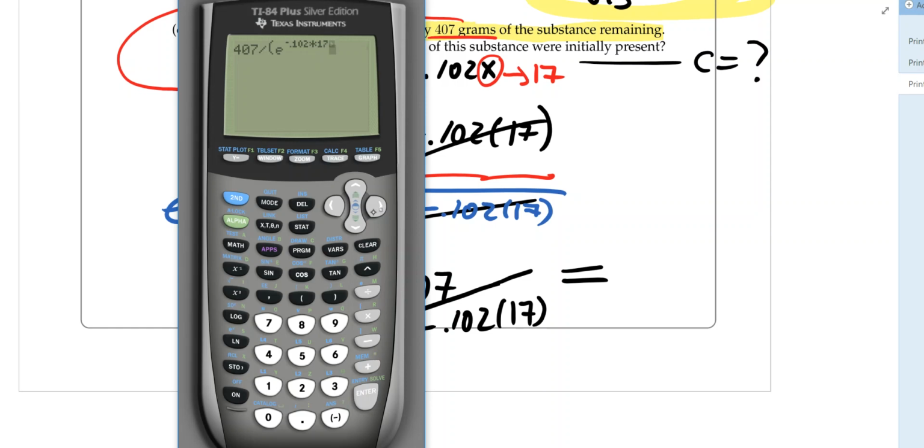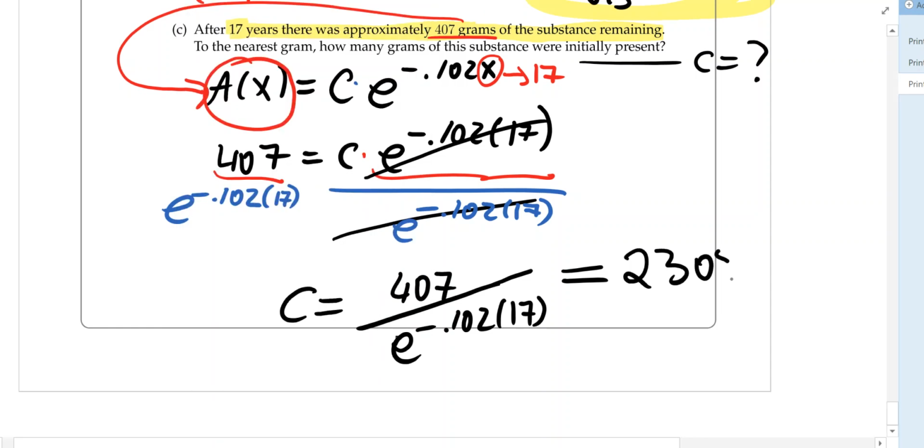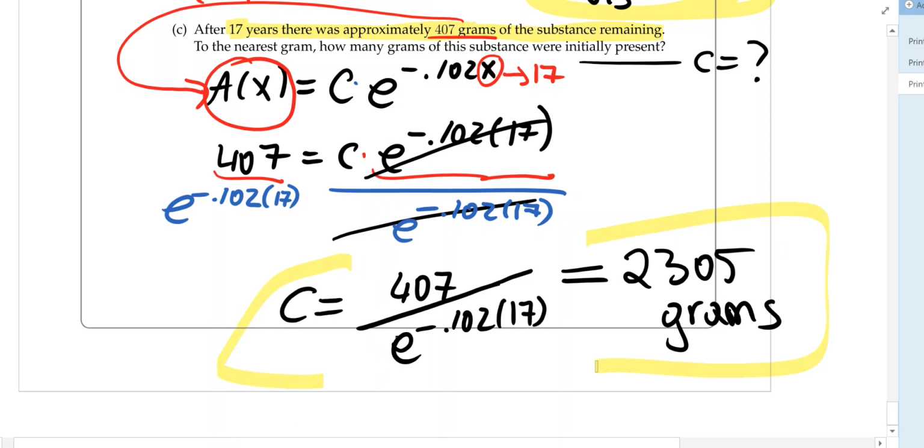And then come down and close the parentheses. And we get 2304. So let's round to the nearest integer. So 2305 grams. So if after 17 years we have 407 grams, it means we started with that many grams.